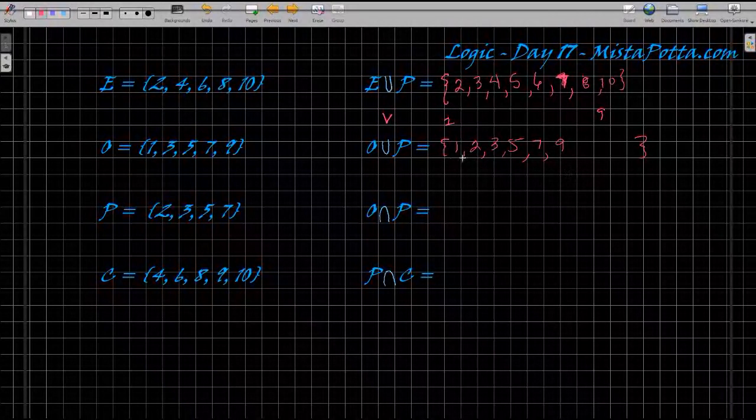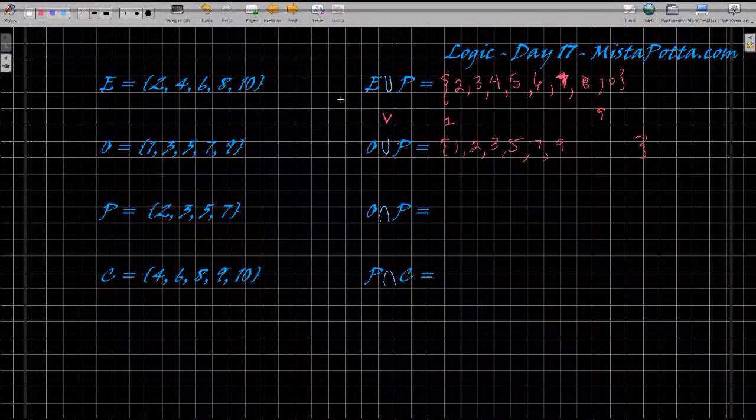So I end up with a set. By the way, notice this set has 6 elements in it. It's bigger than the 2 sets that we were considering. And we notice that unions tend to be larger than the sets we're dealing with.